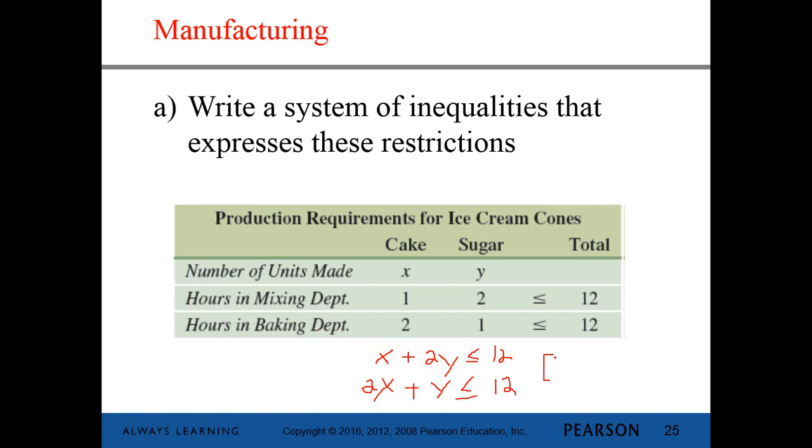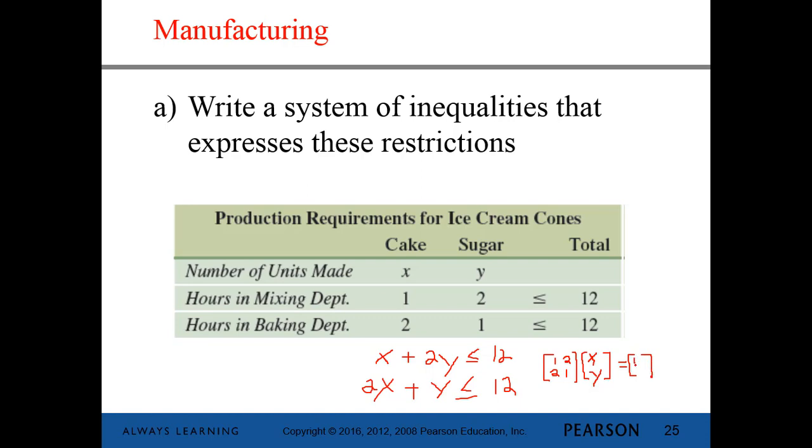So you could have 1, 2, 2, 1 times x and y is equal to 12, 12, right?